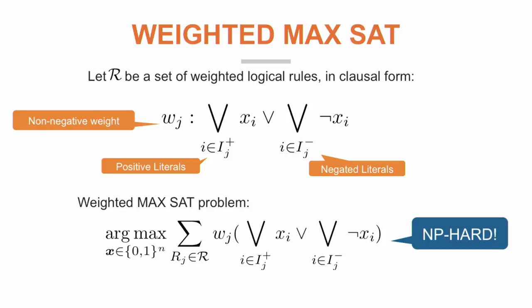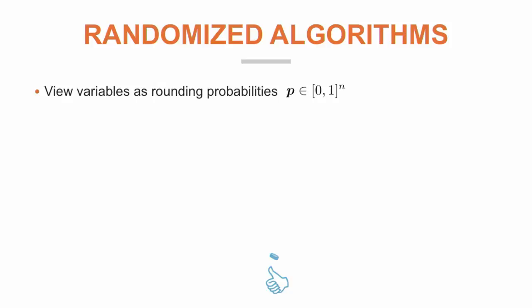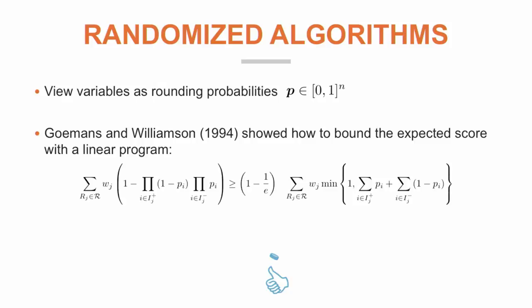So there's very nice work from the randomized algorithms community where they convert this combinatorial optimization to a continuous optimization by introducing random variables which denote rounding probabilities. And these rounding probabilities are the probability that you round up to 1 or down to 0. And then there's this nice result from 1994 where they expressed the expectation for this optimization, and then they introduced a linear bound on this optimization.